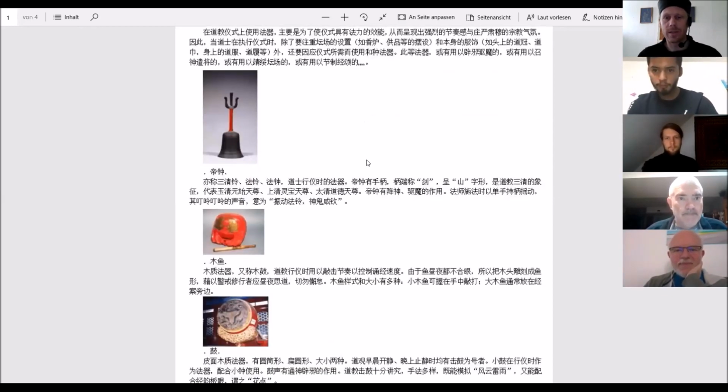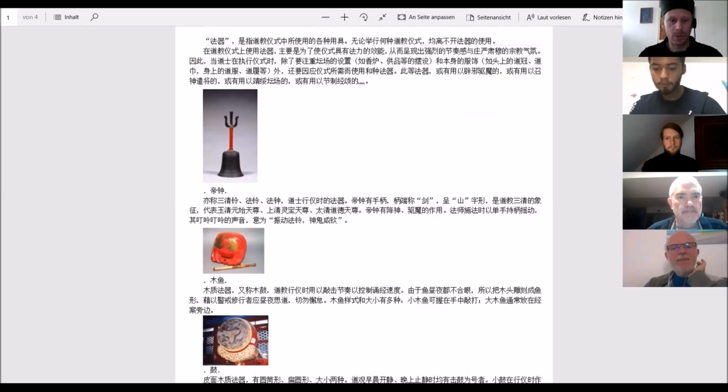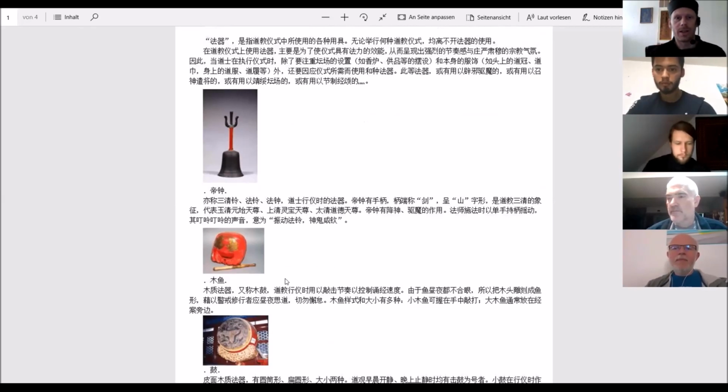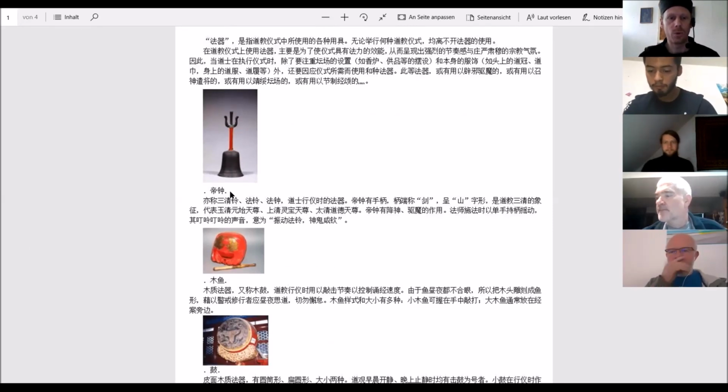So we start with the first picture. It is a little bell, and whoever knows me or my classes knows I'm very fond of this instrument. It's a very good, easy to use and very basic tool, and we call this the didong, or sometimes also faling. There are several words, of course, for the same tool.